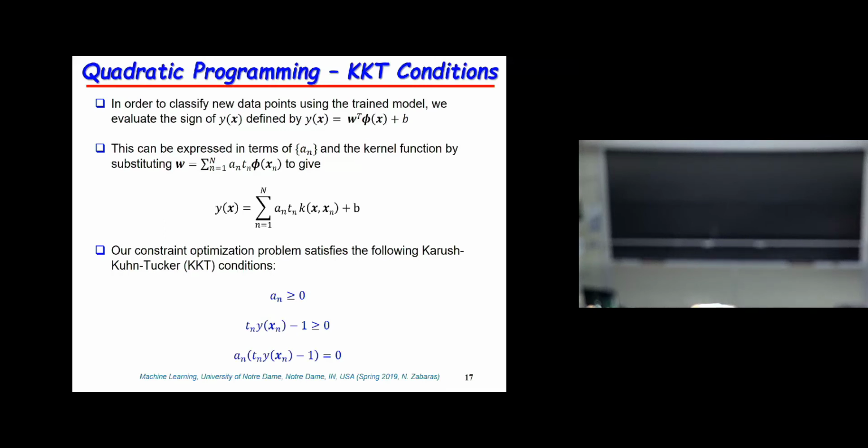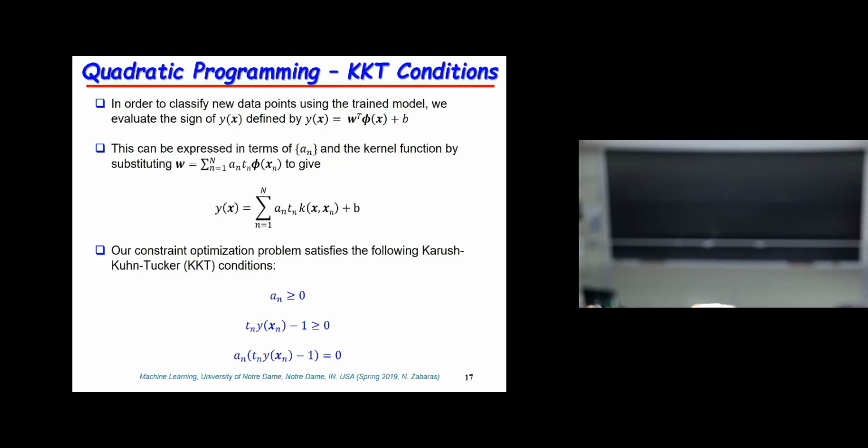I think Bishop calls them the Karush-Kuhn-Tucker conditions, KKT or KT conditions. So again, what I suggest is, if you look at Wikipedia on KKT conditions, you will see immediately, for a constrained optimization problem, where these three conditions are coming from.